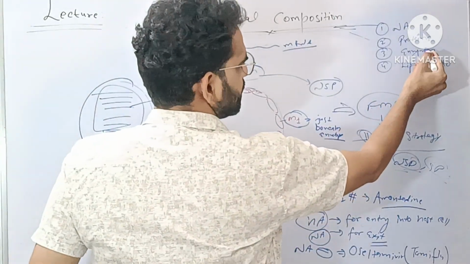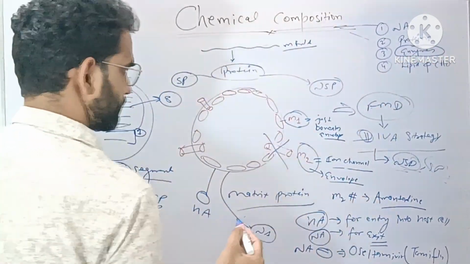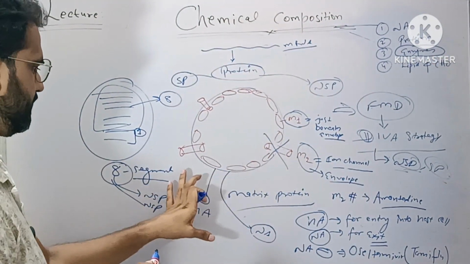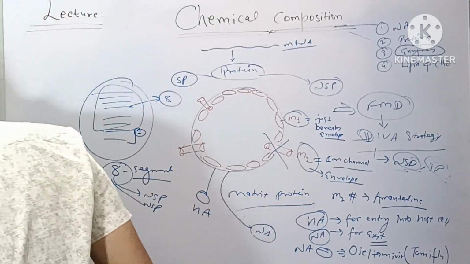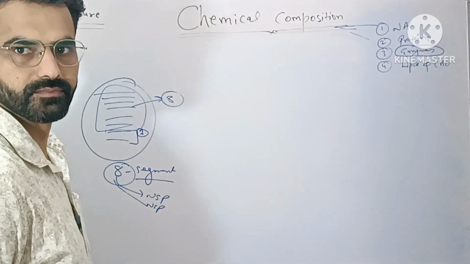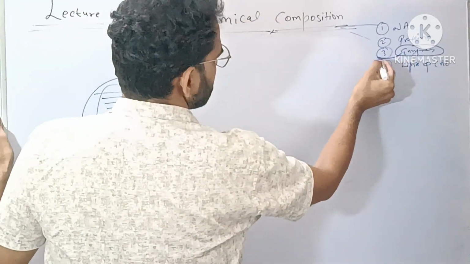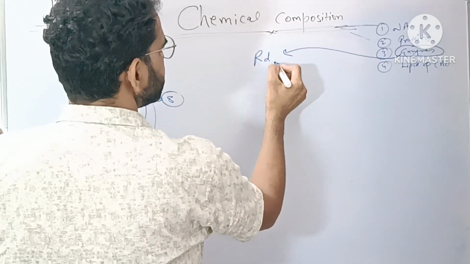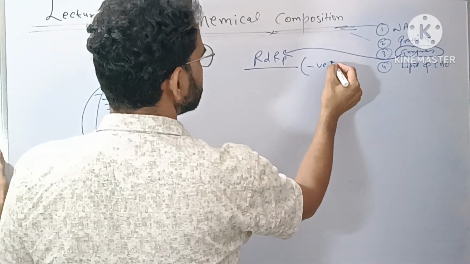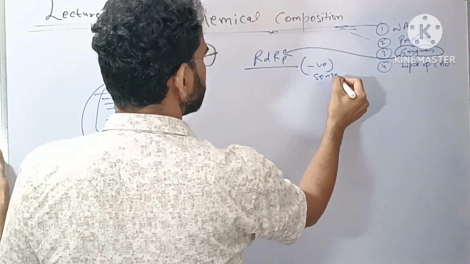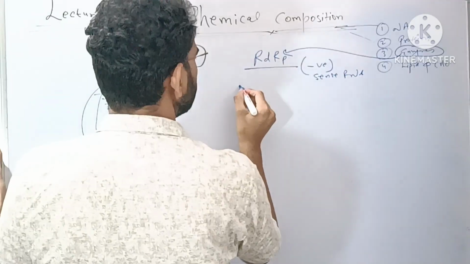Now we'll discuss the enzymes. Which enzyme is present in the influenza virus? An example of an enzyme is RdRp. Where is it present? It is present in negative sense RNA viruses.